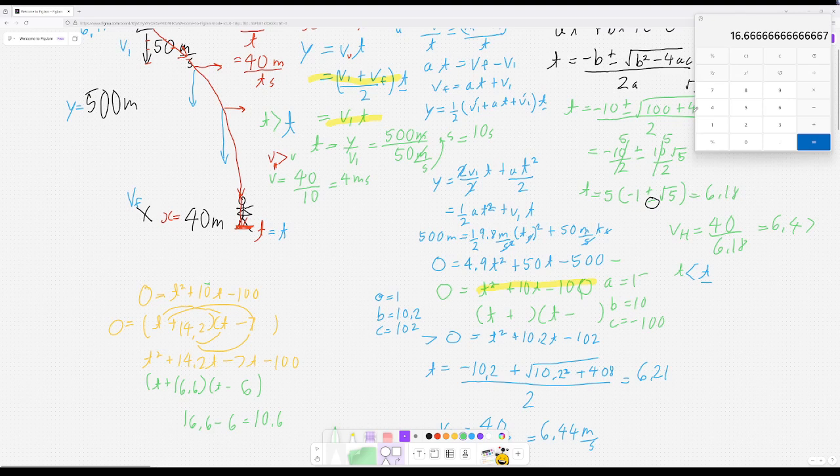So if we're just doing this raw, like if we had forgotten the quadratic equation and we just want a really simple estimate, 40 divided by 6, what does that equal? 40 divided by 6 equals 6.67.